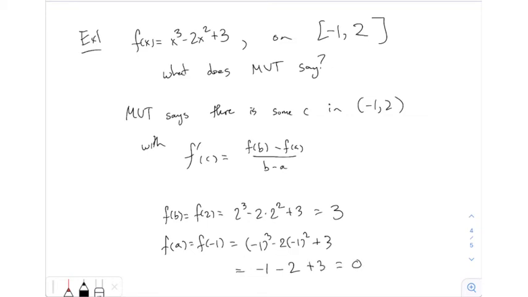All right. So what the mean value theorem says, apparently, I'm just going to plug those numbers in. This is 3 minus 0 over 2 minus -1. That's 3 over 3, isn't it? Which is 1. So the mean value theorem says there's some point inside that range where the derivative is 1.